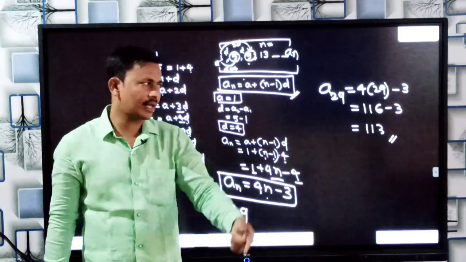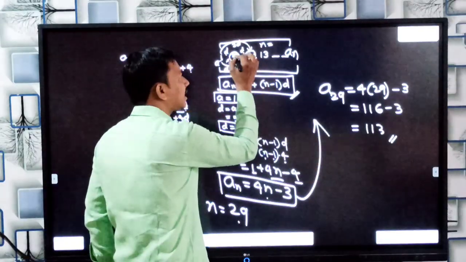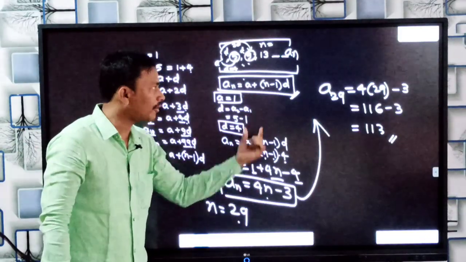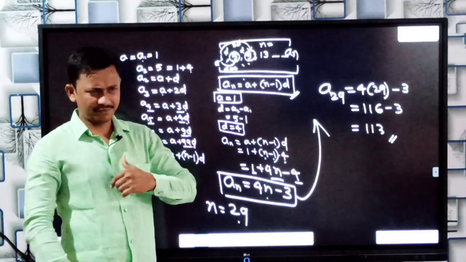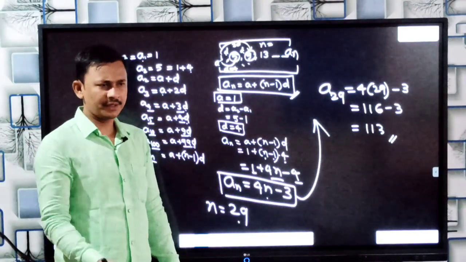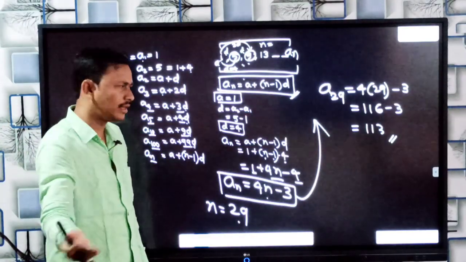To get the direct answer, I have made one general formula for this equation. If you take any number, for example, Rachangoda, which number? 1, 2, 3, 4, 5, 6, 7, 8, 9. Ninth number.